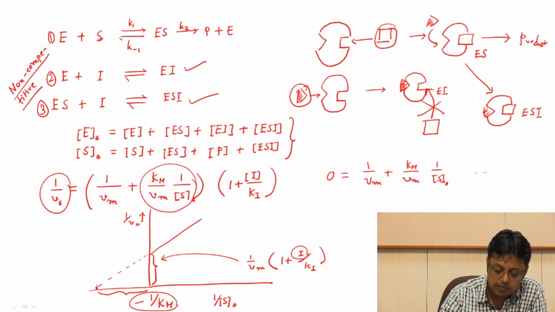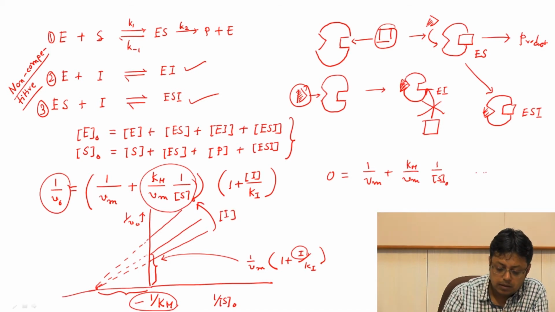So if I keep on increasing the inhibitor concentration, I'll have something like this. So the curve will be like this. The inhibitor concentration is changing, and you can see how it is changing.